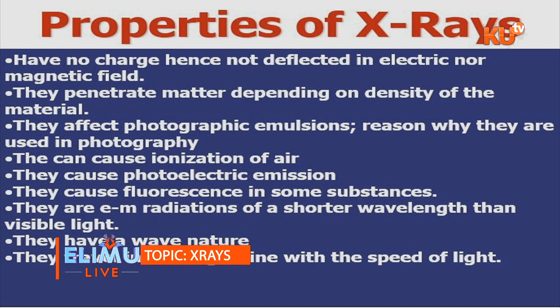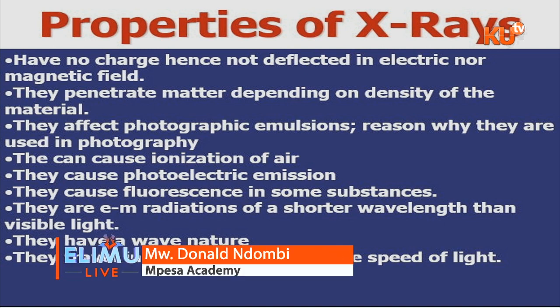I remember telling you that X-rays are part of the electromagnetic spectrum, therefore they can cause photoelectric emission or the photoelectric effect. We will look at that later. Then they can cause fluorescence in some substances. They are also electromagnetic radiations of a shorter wavelength than visible light.